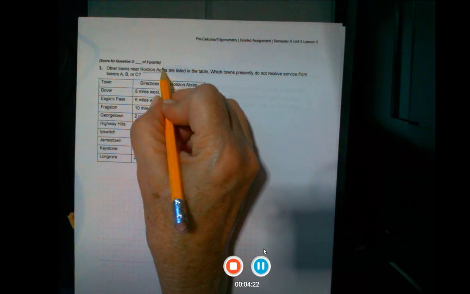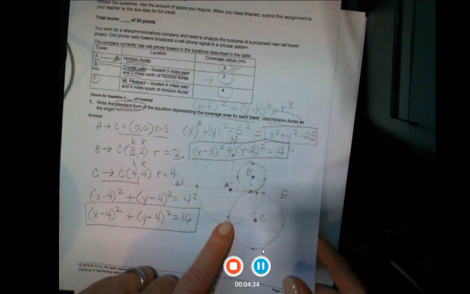All right, for question number 3, it says that other towns near Horizon Acres, we label that on our chart as A, circle A, on the table. Which towns presently did not receive service from A, B, or C? So this is why having that graph right here, this chart, is going to make it easy for me to answer this question.